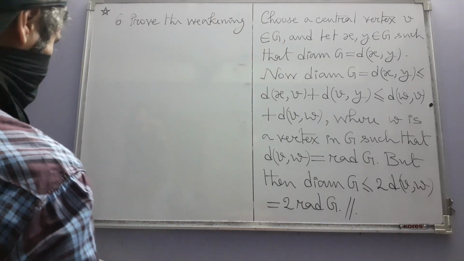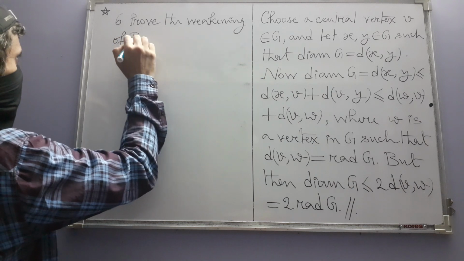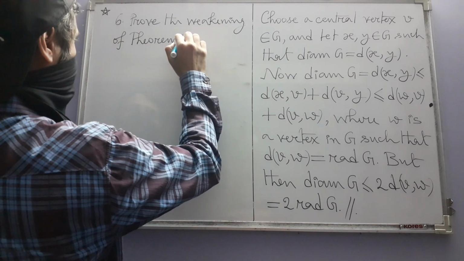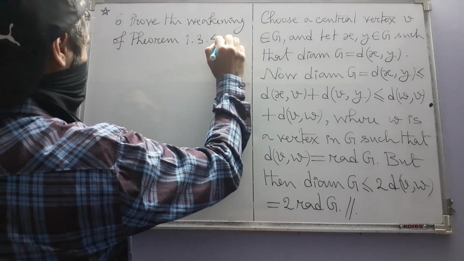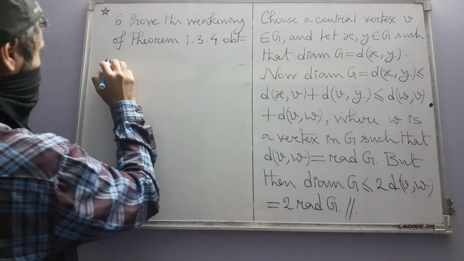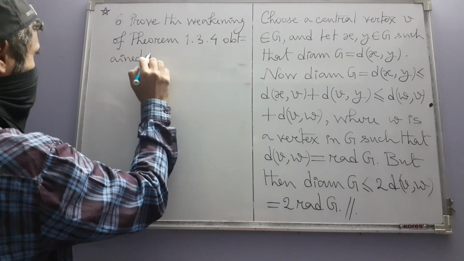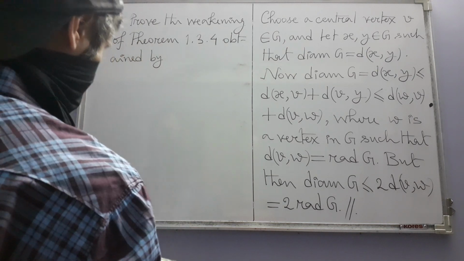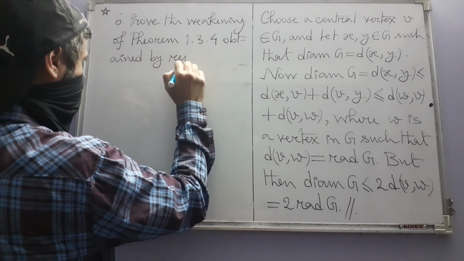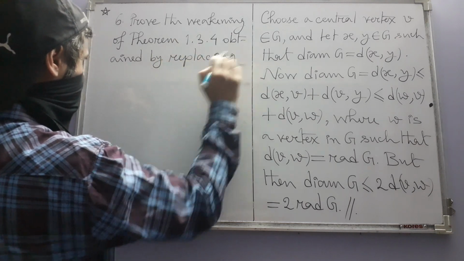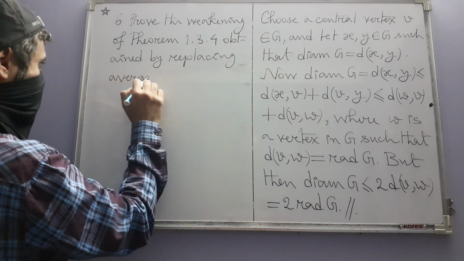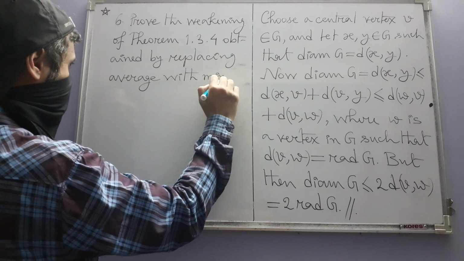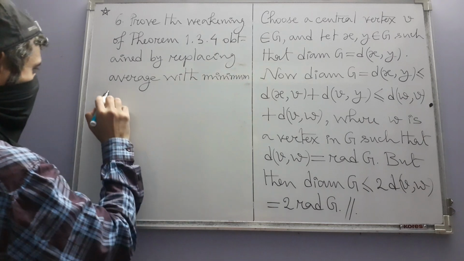weakening of this result of theorem 1.3.4, obtained by replacing average degree with minimum degree.